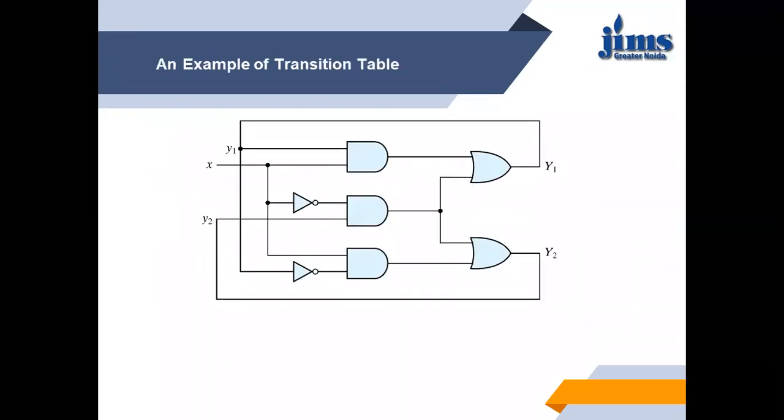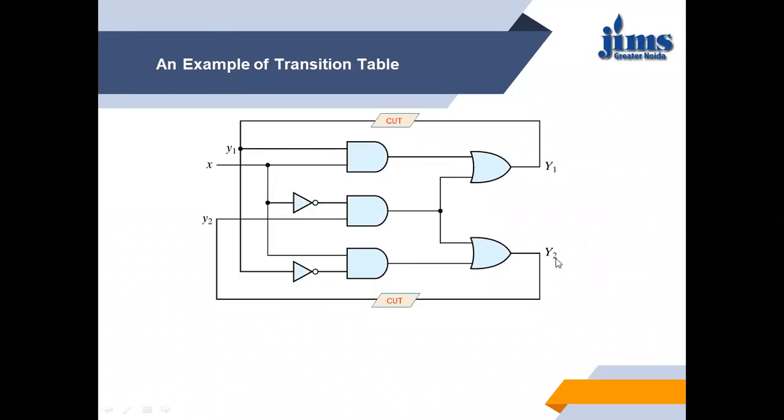Suppose this is the circuit. We have two feedback paths, y1 and y2, and we have only one input, that is x. So what we do, we cut the feedback and try to find out the equations for capital Y1 and capital Y2. So this comes to be x y1 or x bar y2, that is capital Y1.